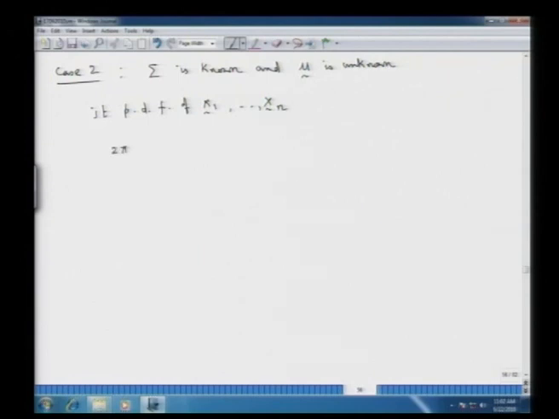So, this as we have seen is 2 pi to the power minus np by 2, determinant of sigma to the power minus n by 2, e to the power minus n minus 1 by 2, trace of sigma inverse s, this minus n by 2 x bar minus mu transpose sigma inverse x bar minus this mu, right.